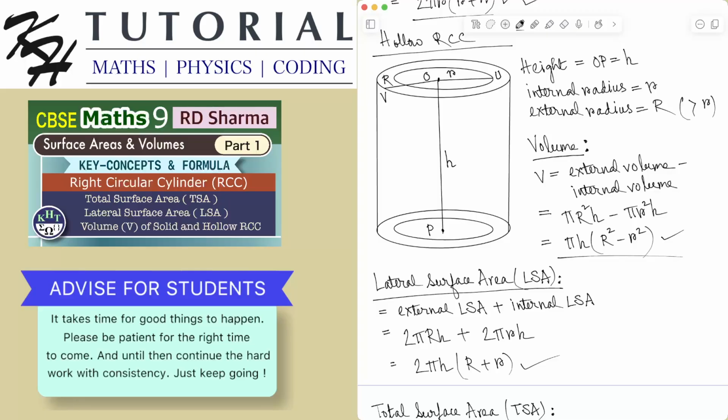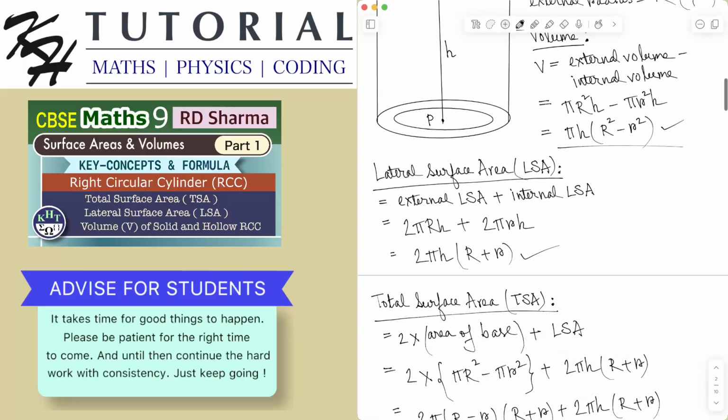And what is internal curved surface? Internal curved surface, you can consider it to be the curved surface of a solid RCC having radius equal to the internal radius of the hollow RCC, which is small r. And then if you add them up, the lateral surface of the hollow RCC will be equal to the external LSA plus internal LSA.